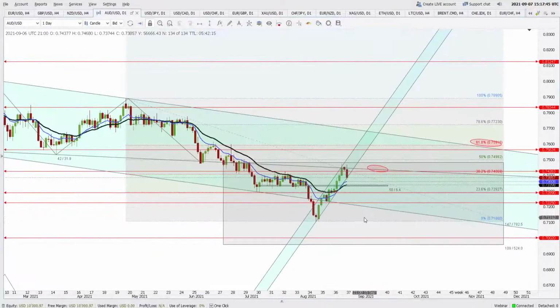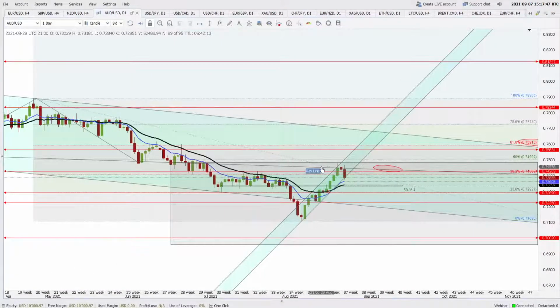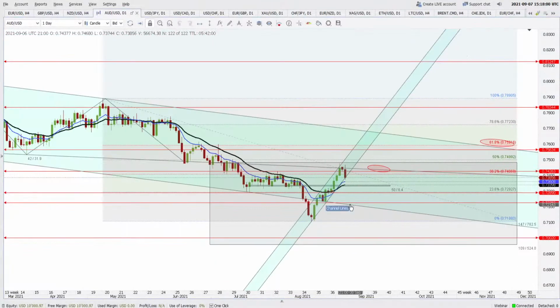We were looking for a retest of this neckline. The retest has happened. Now we are seeing a bearish pin bar as well as a bearish engulfing candle on the daily chart. So this pair is shouting that I'm going to 0.70. Are you going to sell me?